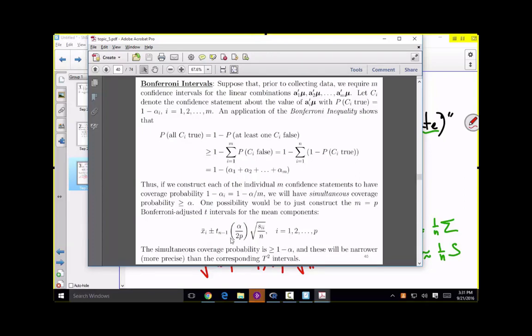And now the cutoff that we use looks a lot like what we would do in Stats 101. We would have x bar plus or minus t with n minus 1 degrees of freedom, parentheses alpha over 2, times square root of s_ii over n. What's different now is that instead of alpha over 2, we use alpha over 2p.